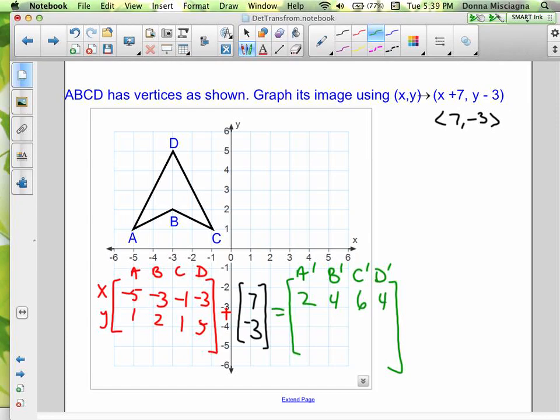And 1 plus negative 3 is negative 2, 2 plus negative 3 is negative 1, 1 plus negative 3 is negative 2, and oops, that one's supposed to be a negative 2. And that thing is a 5. 5 plus negative 3 is 2.